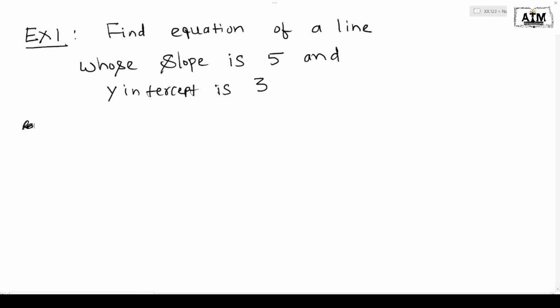Example 1, find the equation of a line whose slope is 5 and y-intercept is 3. Solution. First of all, whenever a question is given, draw a rough diagram. This line has slope m equals 5 and y-intercept 3.